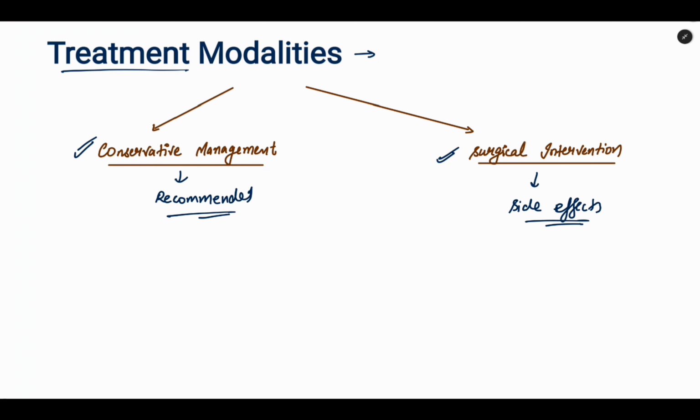So in the conservative management we can have, first of all, lifestyle modifications, which include the correction of posture both during day-to-day activity and also during sleep. Then we can prefer some physical therapies.